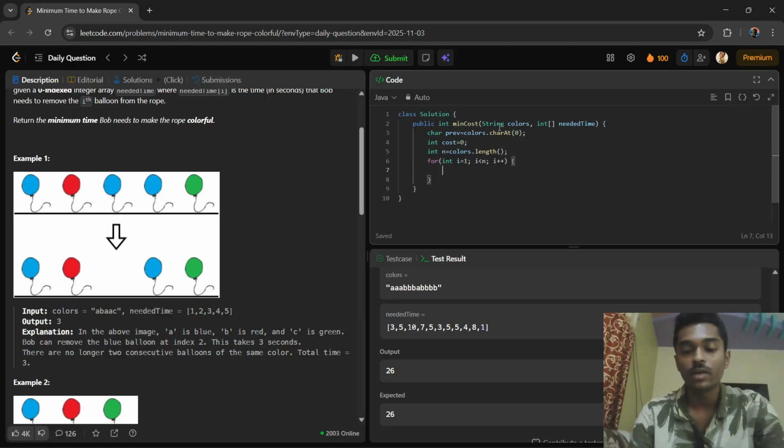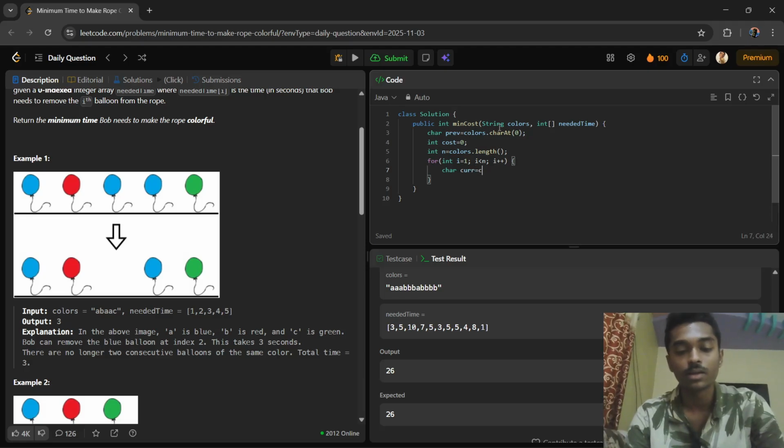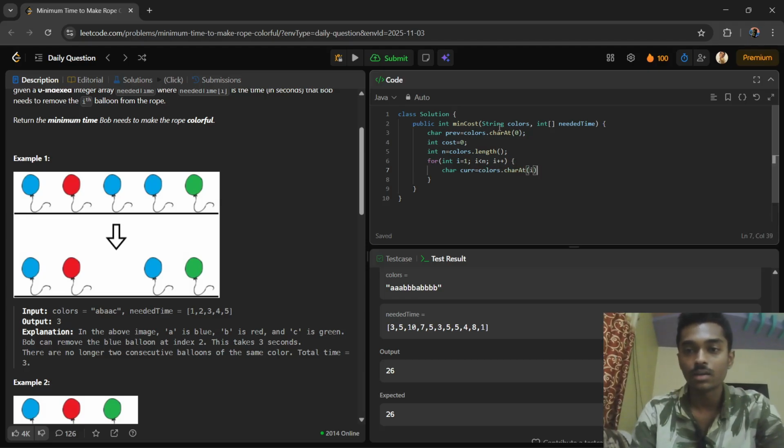Now let's take first the current. Char current is nothing but colors dot charAt i. Now we have to check if current is equal to previous.